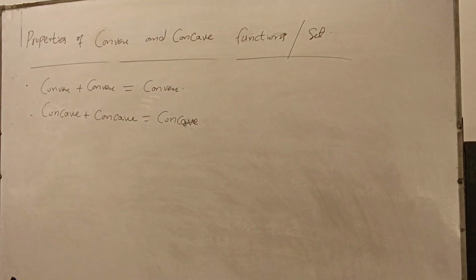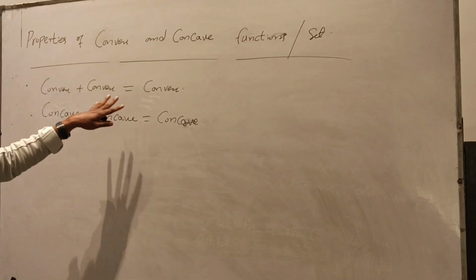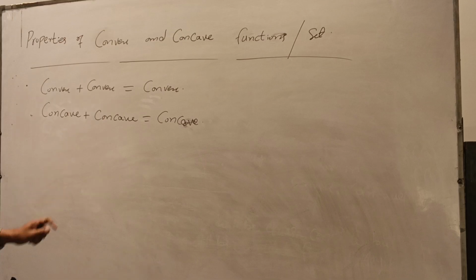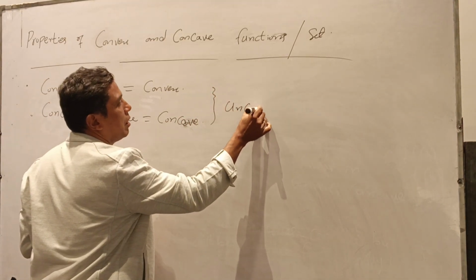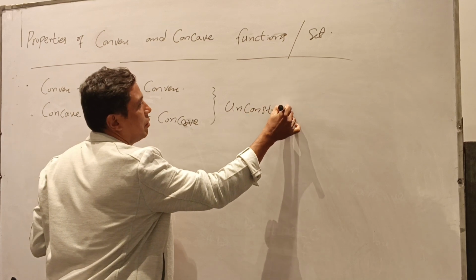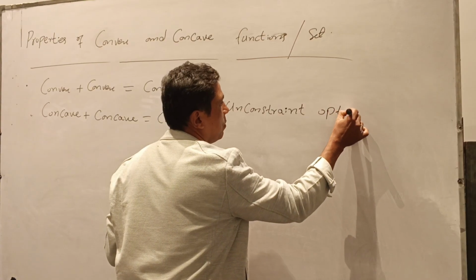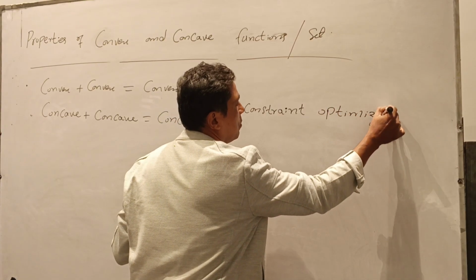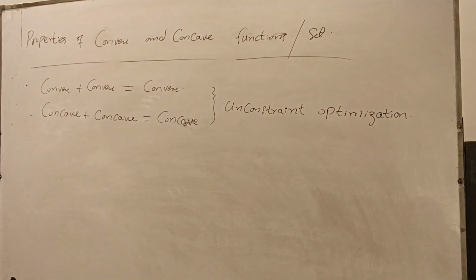Concave. Now what does it mean? What is the duality? Duality in case of the Lagrange, what? These are unconstrained optimization. First of all, unconstrained optimization, right?